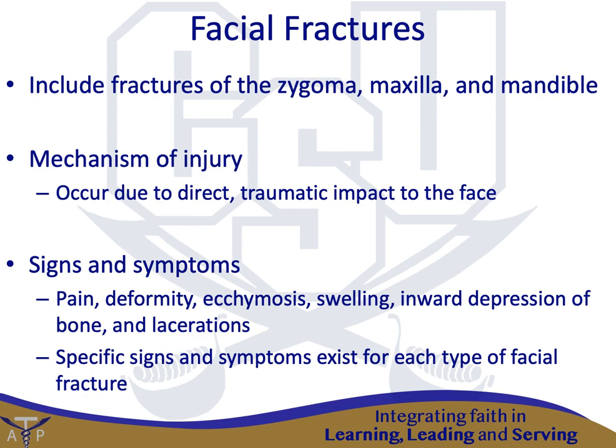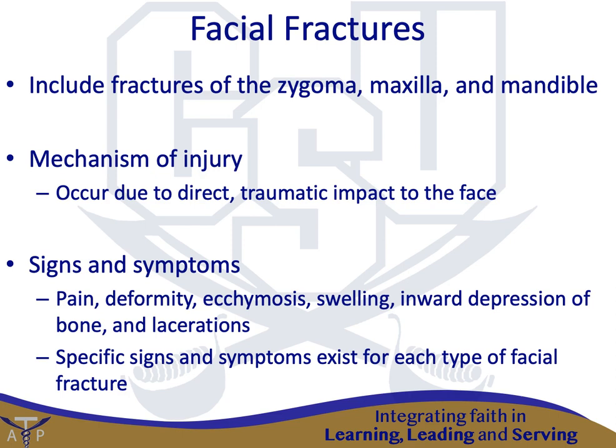Just like other fractures that we talked about, the mechanism of injury is a direct traumatic impact to the face. This could be an implement, somebody falling, or somebody's fist if we're talking about boxing or fighting, but it's something traumatic that impacts the face.